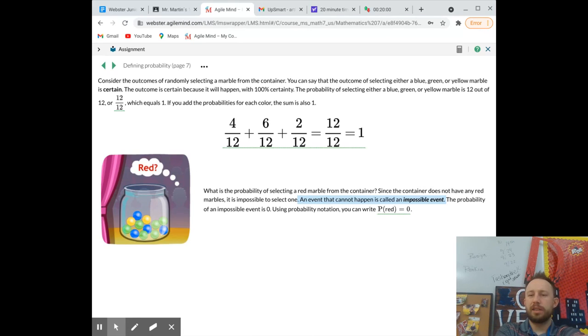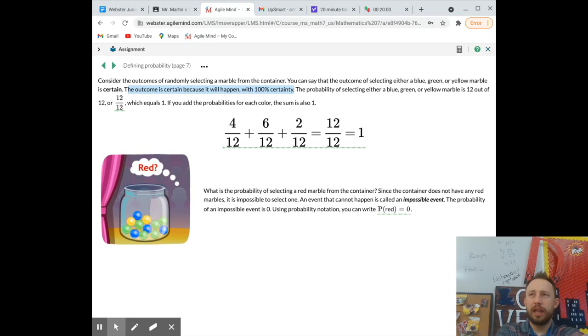All right, so what's an impossible event? An event that cannot happen. Correct, an event that cannot happen. What is a certain event? It will happen with 100% certainty. Correct. So no matter what, it's going to happen.